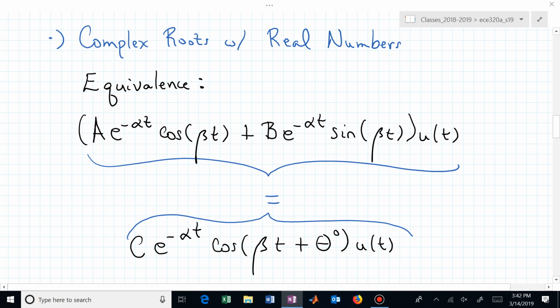Beta times t has units of radians, and typically we write this angle in degrees. Well, if you start adding radians and degrees, you're going to get a mess. And then you try to take the cosine of that. So make sure that these two terms in your argument of the cosine are consistent, either radians or degrees. So you convert one back to the other, and make sure your calculator knows what you have in the argument.